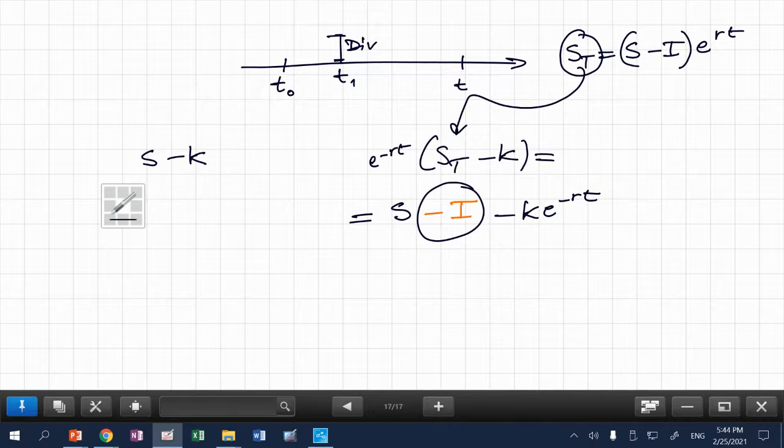Now, if you didn't have minus I, you would know that the second term is larger than the first one. If you have a minus I which is sufficiently large, this is no longer the case. Have I been clear? So for a dividend that comes sufficiently early and sufficiently big, then potentially early exercise may become convenient. Have I been clear? That's why we cannot rule out that on a general basis.